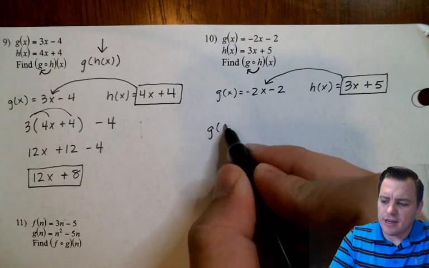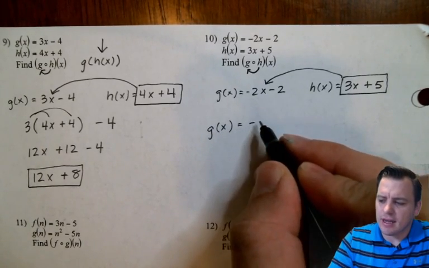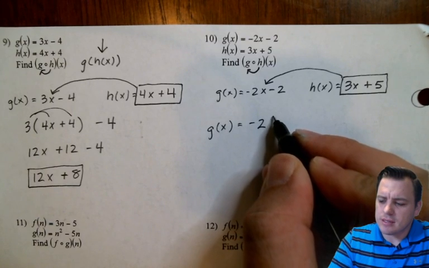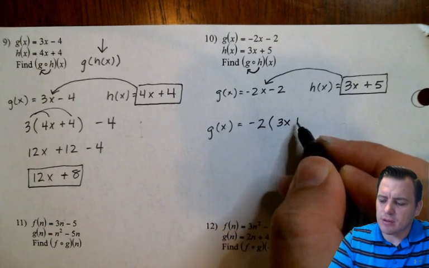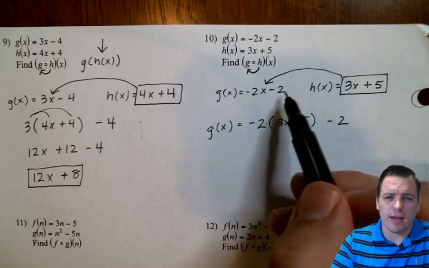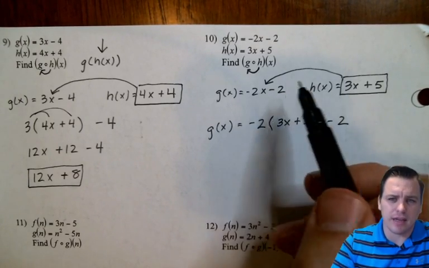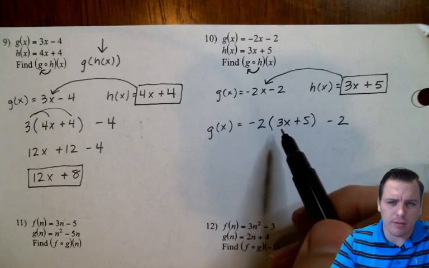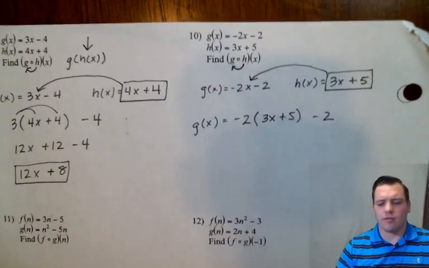So g of x is equal to negative 2 times 3x plus 5, minus 2. Now again, if there was more than one x over here in g of x, I'd have to put that in each one. But since there's just one, I just plug it in, and then I simply solve from there.